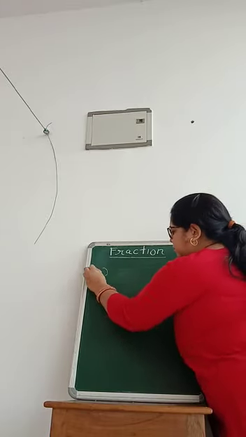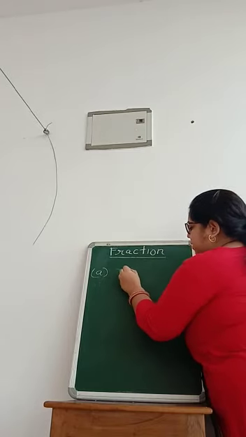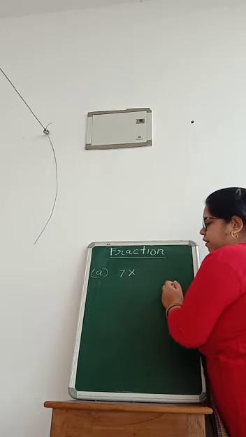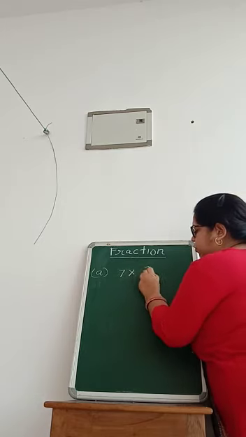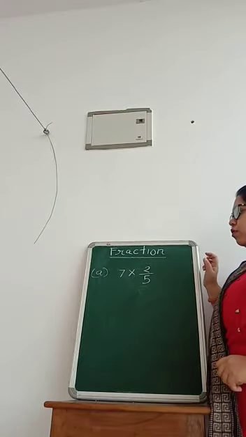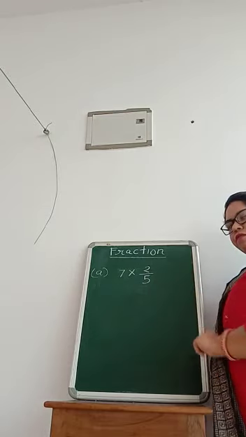Suppose a whole number is there, suppose 7. You have to multiply this whole number with a fraction, suppose 2 by 5. This is your question. You have to multiply this 7 with 2 by 5.